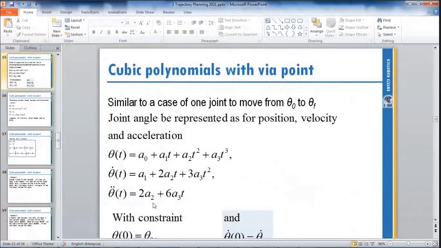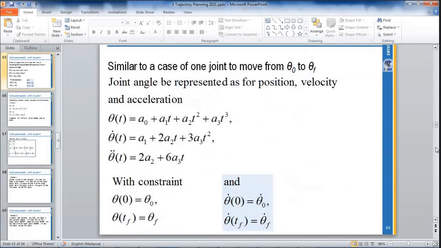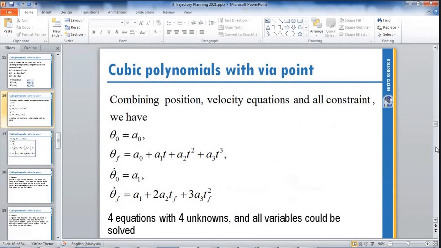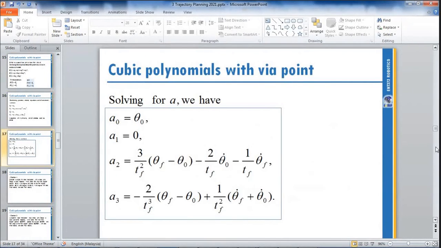The formula stays similar, but your formula to find A2 and A3 will be extended. So you will use this formula, because you need to join your graph at your via point.